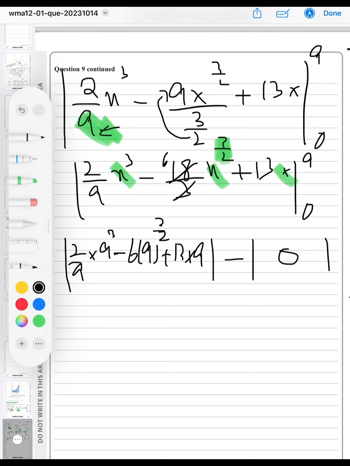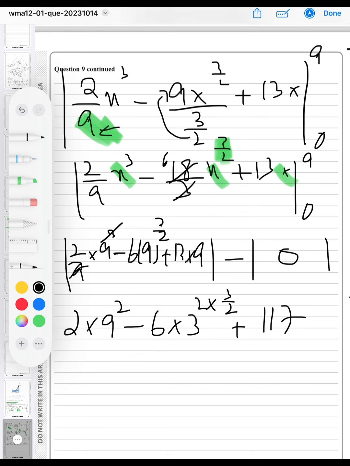Okay, sorry, I made a mistake here. Hold on, I just missed this one. So this will be 6 times 9 to the power of 3/2 plus 13 into 9. Just doing the calculation: 2 into 9 to the power of 2, minus 6 into 3 to the power of 2 into 3/2, plus 13 times 9 will be 117.